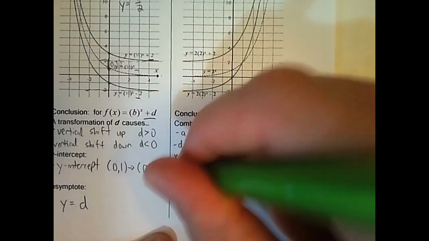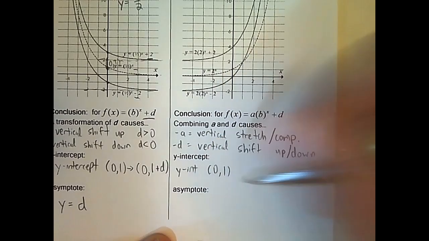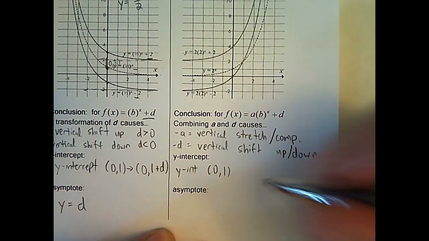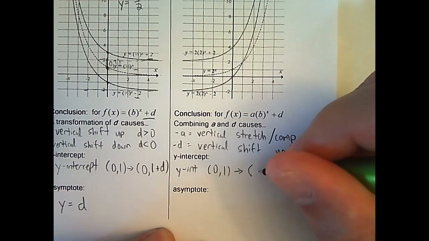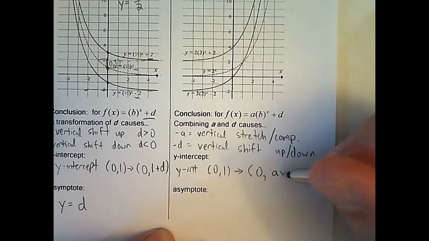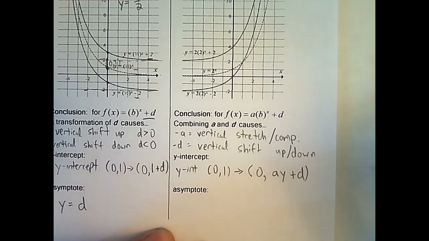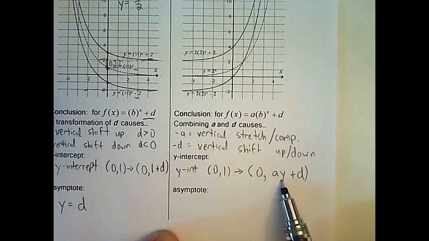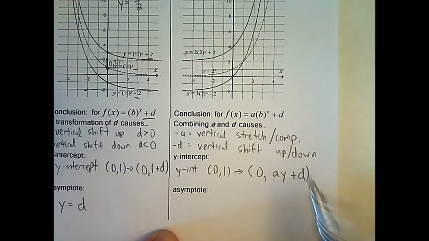Our y-intercept, how does that change? Well, the y-intercept, remember, for our original graph was always (0, 1), and then just like we did in the other transformations, this is going to change. It's going to become 0, and then the y value changes to a times y plus d, meaning we're doing a vertical stretch or compression of the y value, and then I shift the y value up or down.